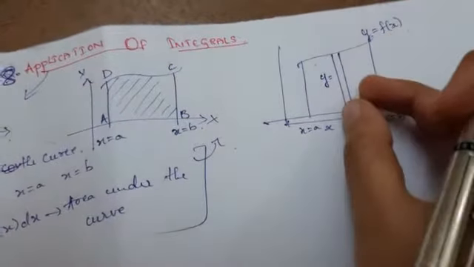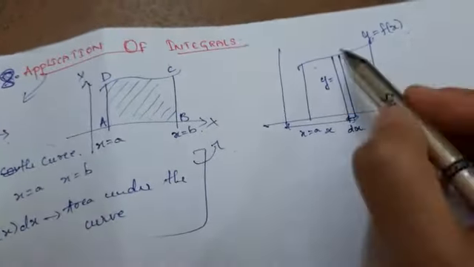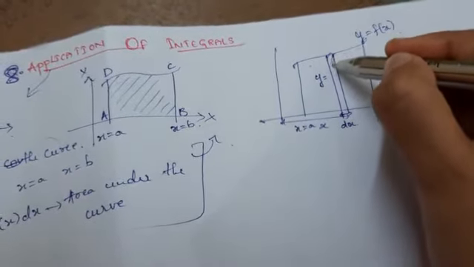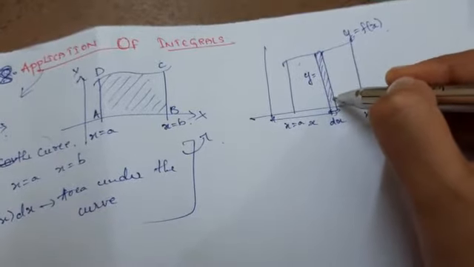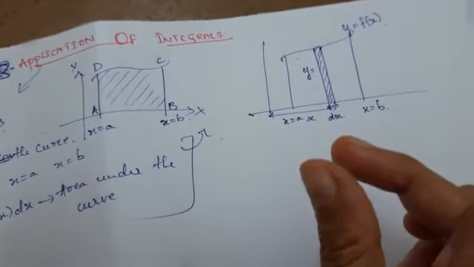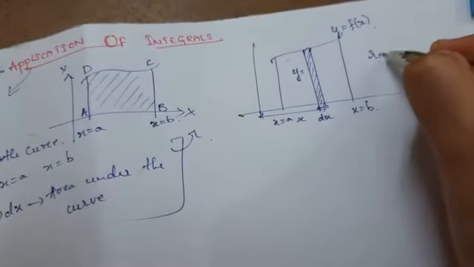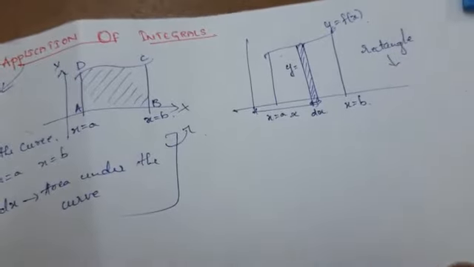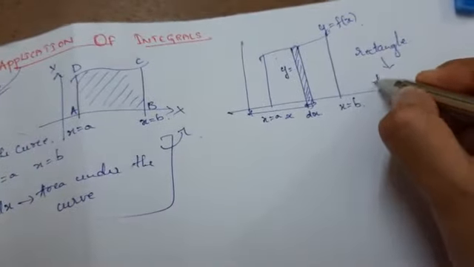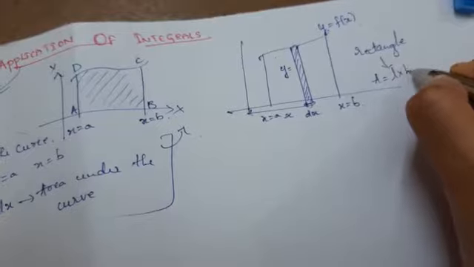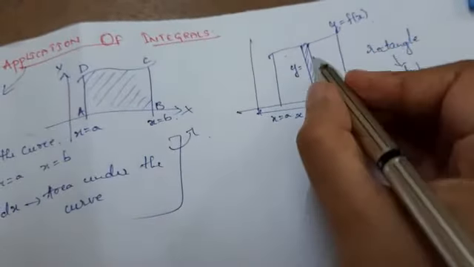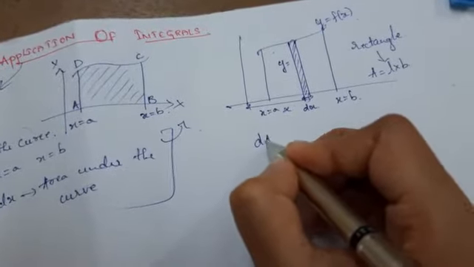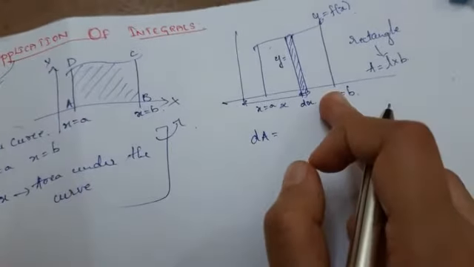Since I considered a very small strip, I am shading that strip. This strip is going to form a rectangle. We know how to find the area of a rectangle: length into breadth. Suppose the area of the shaded region, this vertical strip, is dA.